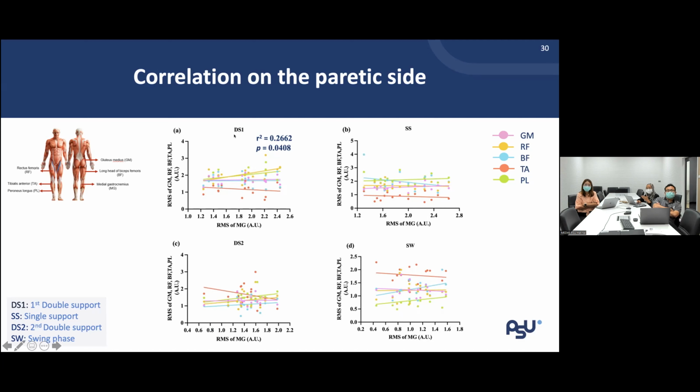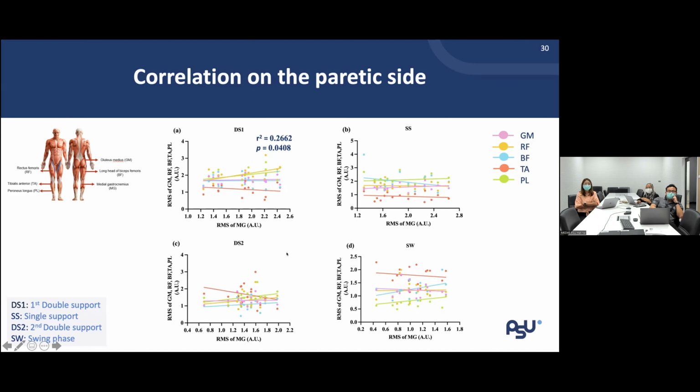Figure A is from the first double support. In the first double support, the medial gastrocnemius was positively correlated with the rectus femoris muscle, you can see from the yellow.